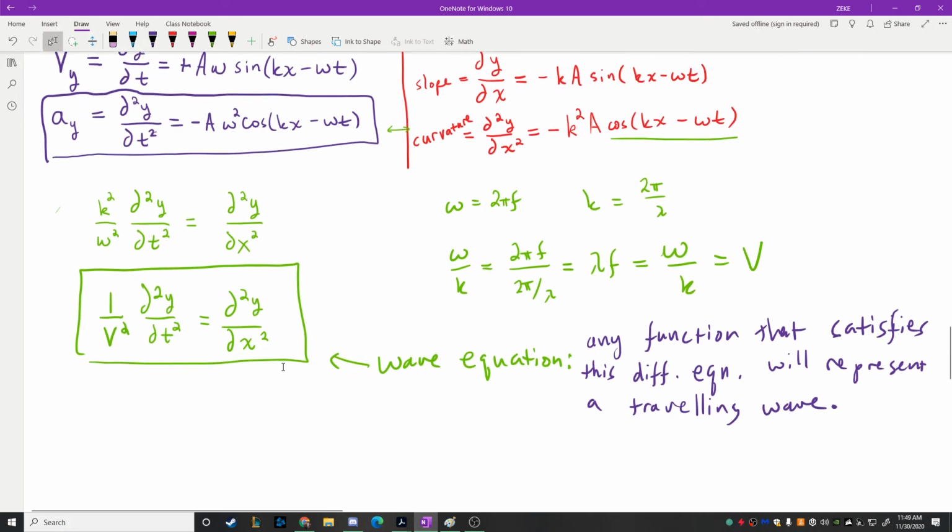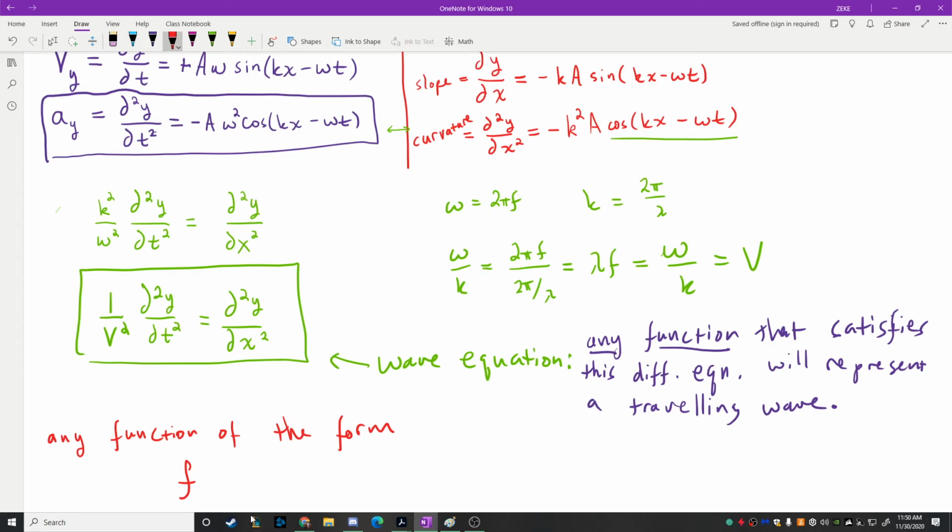So in general, I can represent any of these functions by saying that any function that looks like this, f. Let's write, I want to write like this.